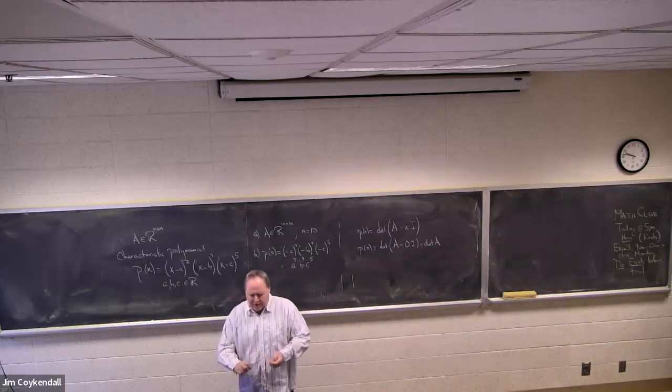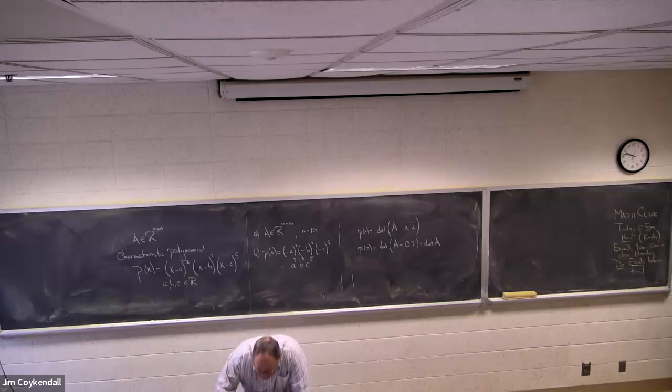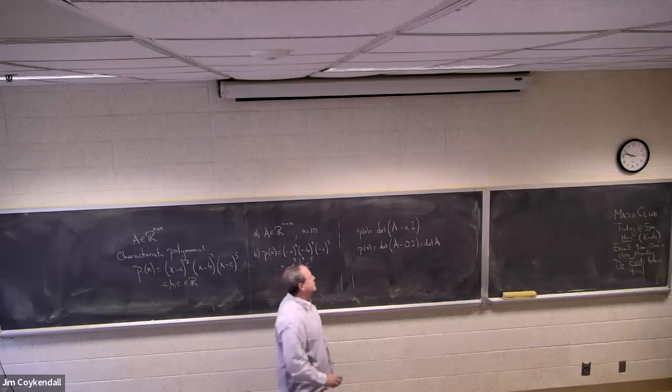Finally, the last question is: assume that A is diagonalizable. That's a big assumption, so that's going to help. Find each eigenvalue and the dimension of the corresponding eigenspace.